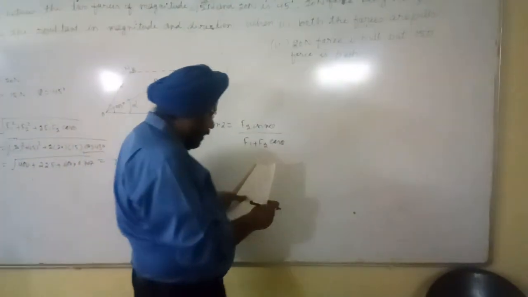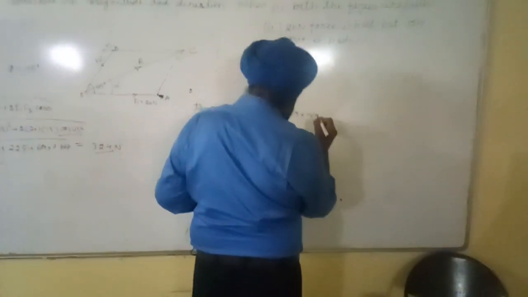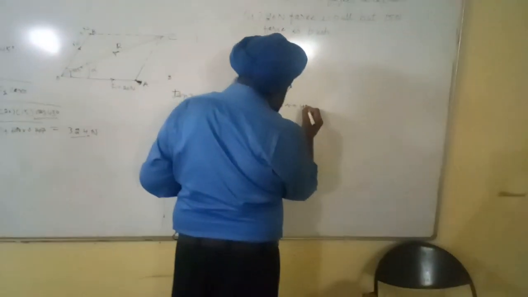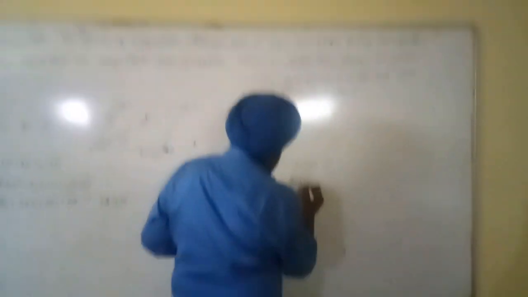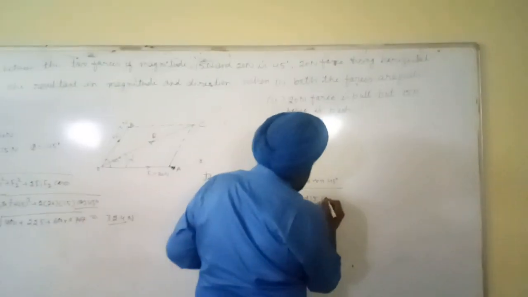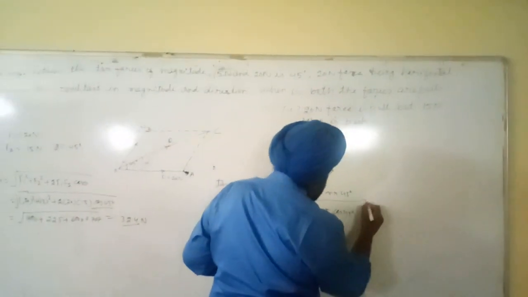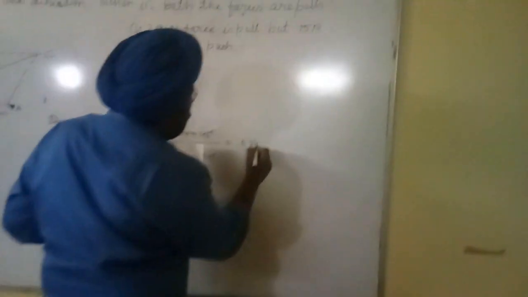So putting all these values, we get 15 into sin 45 degree upon 20 plus 15 cos 45 degree. So this value is 0.346.